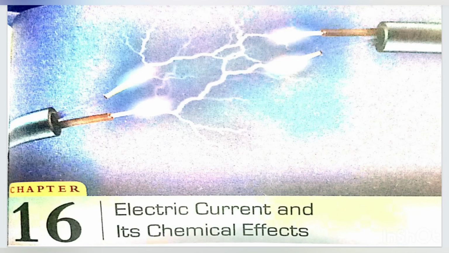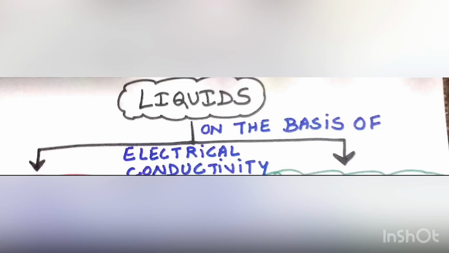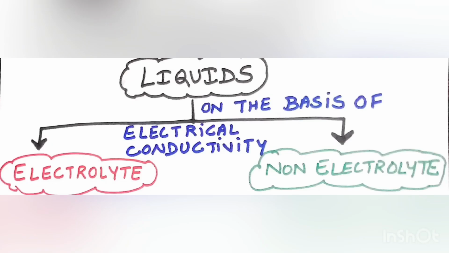Students, in the part 1 video you must have enjoyed the activity. In the activity we have used the continuity tester to check the liquids, whether they are electrolytes or non-electrolytes. So what we have studied is that liquids can be categorized on the basis of electrical conductivity into two types, electrolytes and non-electrolytes.